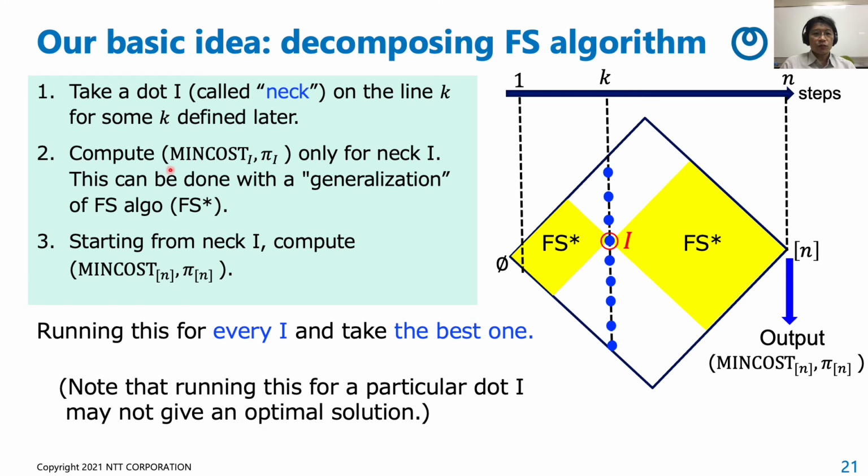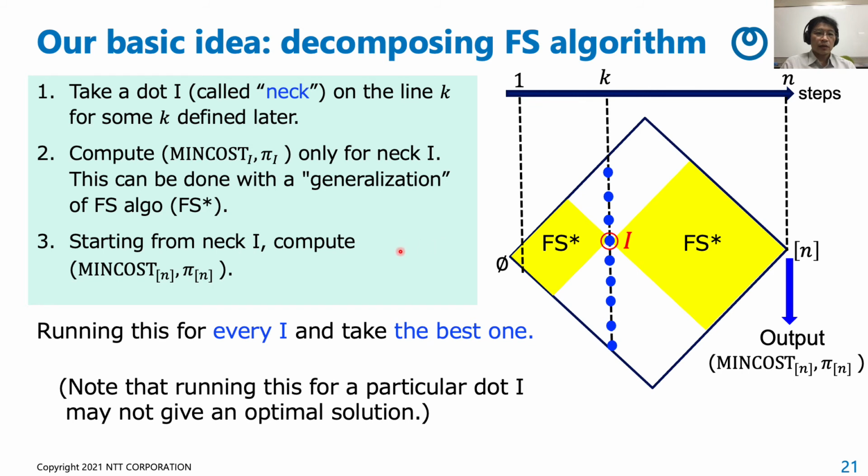Then compute min cost I and pi I only for neck I. This can be done with a generalization of the FS algorithm. We call this FS star. So this computation corresponds to this yellow area.